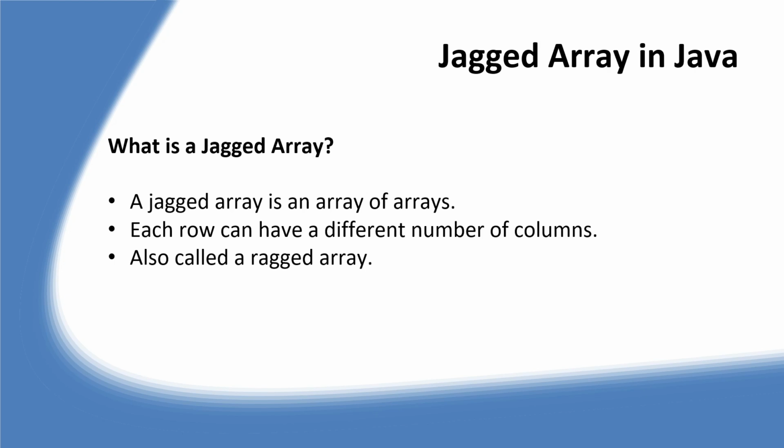Unlike a regular two-dimensional array, where all rows have the same length, in a jagged array each row can have a different number of columns.